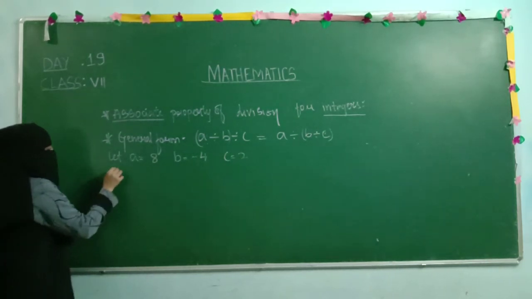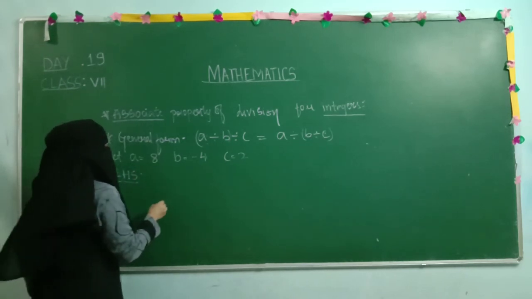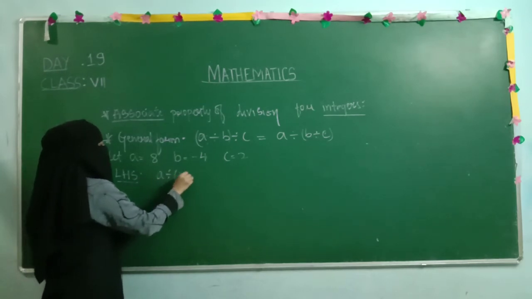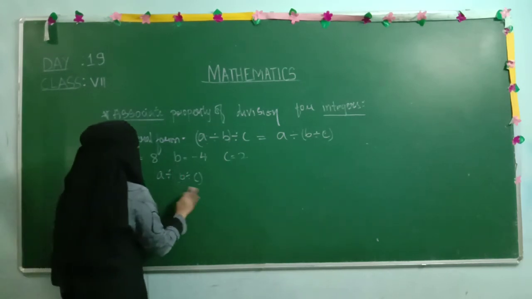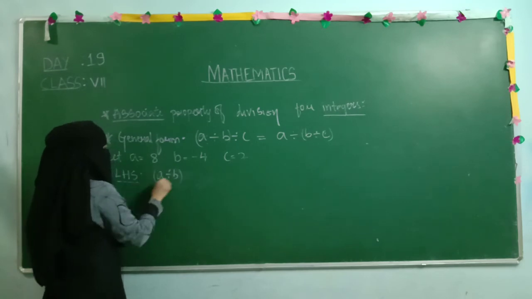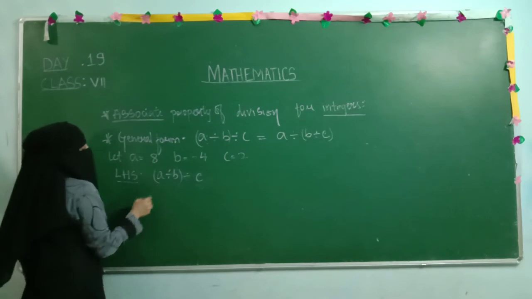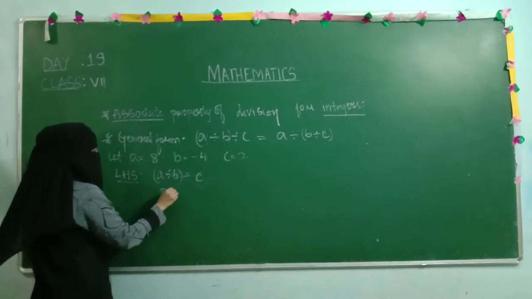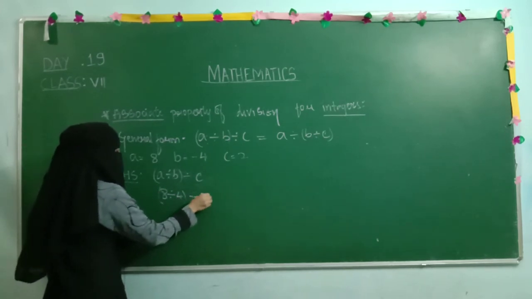So the LHS part we will take first. What is the LHS? Here first we need to give priority to the bracket: (A divided by B) divided by C. So first we are going to solve the terms present within the bracket. 8 we are dividing by 4, and this we are dividing by 2.